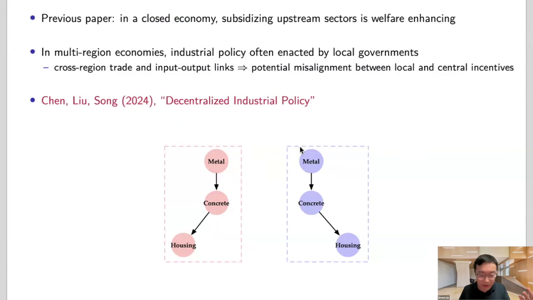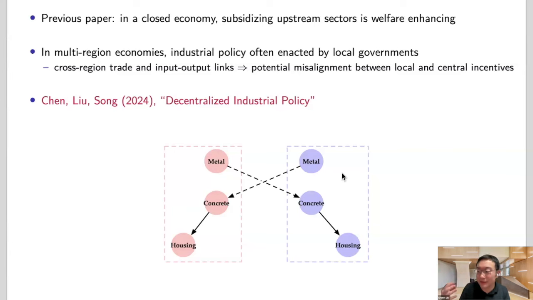To illustrate the main idea, think of this illustration with two regions in the economy. If the two regions are not trading with each other, here the three sectors are metal, concrete, and housing, a central planner will want to subsidize the metal sector. A local planner also wants to subsidize the metal sector if they don't trade. Now imagine a world where each region, to build concrete, needs to import the metal from the other region.